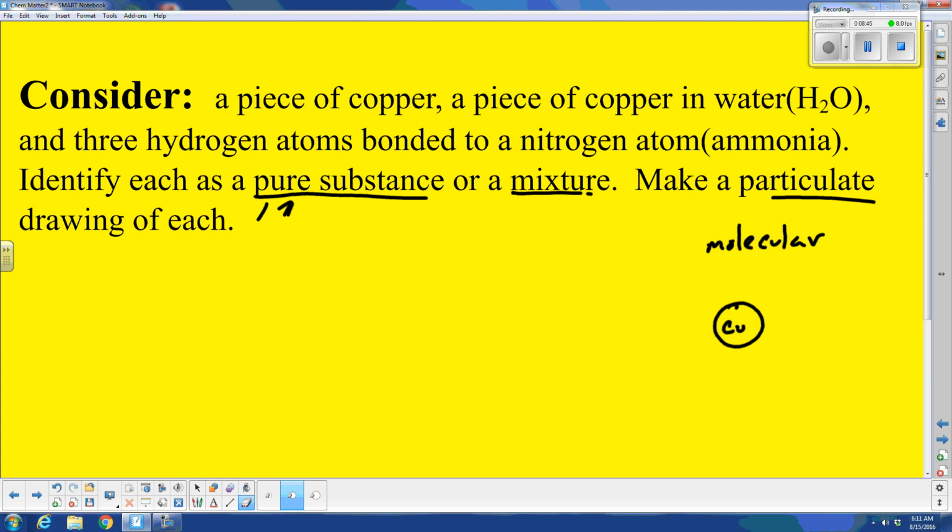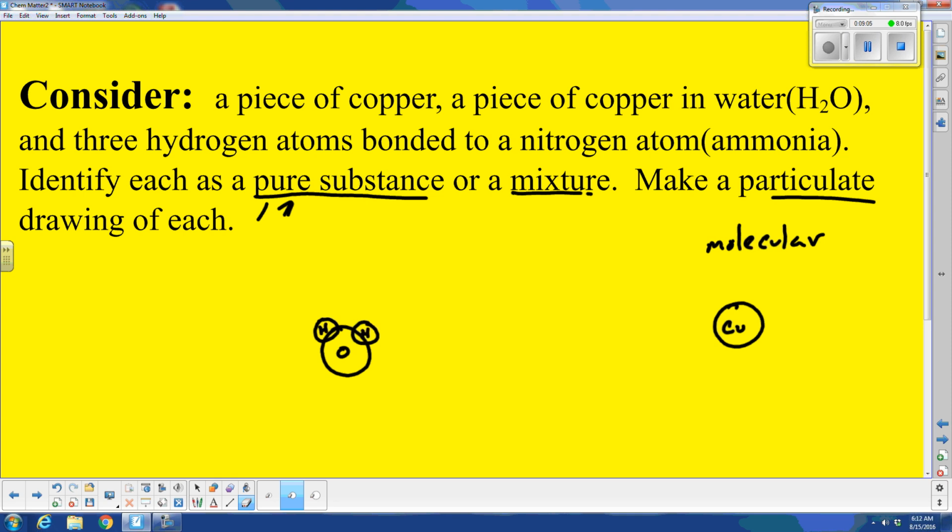If I'm going to draw a compound like water, I represent water with circles. When I overlap them, the overlap represents the overlapping of their electron clouds, and that would represent a molecular bond, all right?